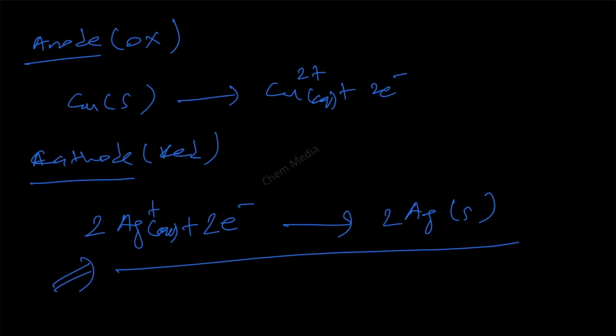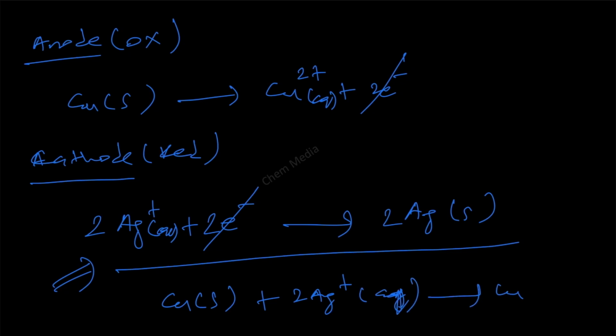So, therefore, the net reaction is copper solid plus 2 Ag+ giving copper 2+ plus 2 Ag.